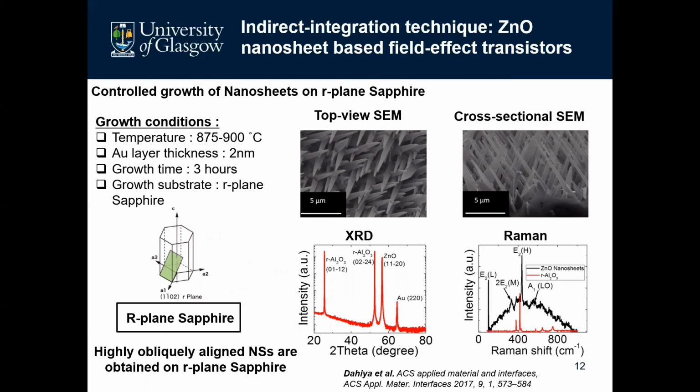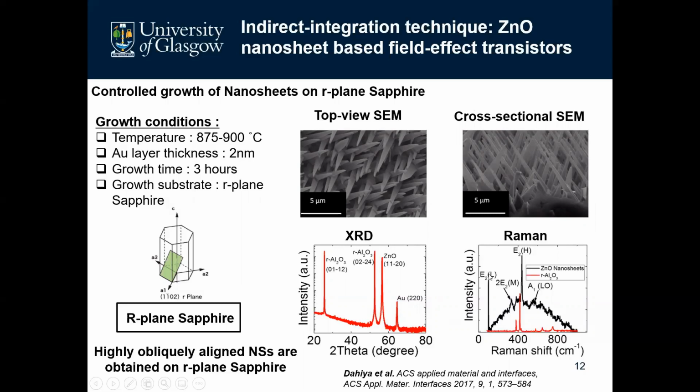To grow zinc oxide nanosheets, we have used R plane sapphire rather than C plane, to exploit the epitaxial relationship. Here you can see in the SEM image, we have obliquely aligned, approximately 30-degree aligned, zinc oxide nanosheets uniformly grown over the substrate.